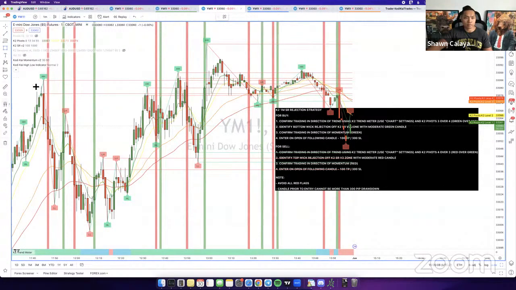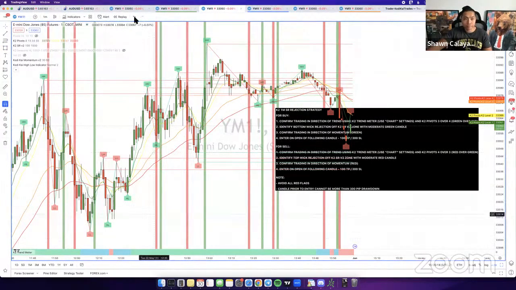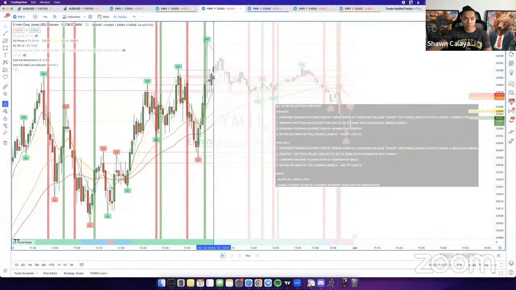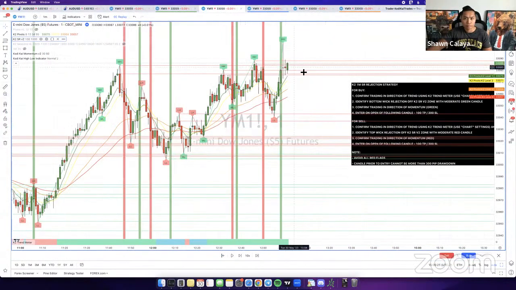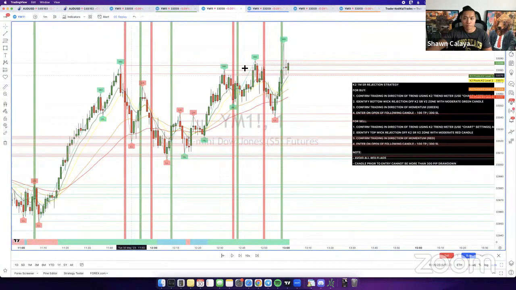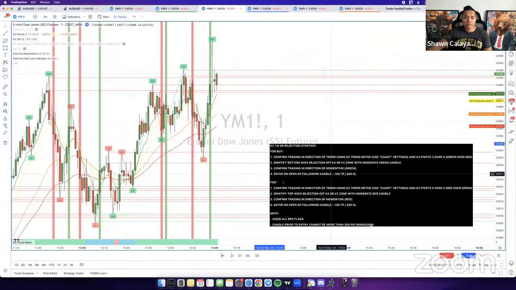Let's mark this up right here. Here, let me just show you guys how this is identified. Okay. So I'll replay to this candle right here. Okay, so here's an example for a buy.